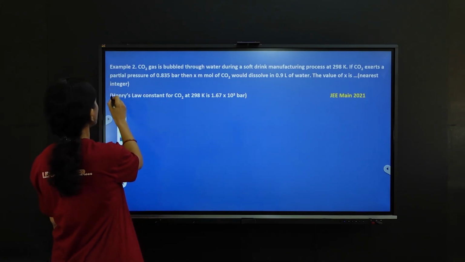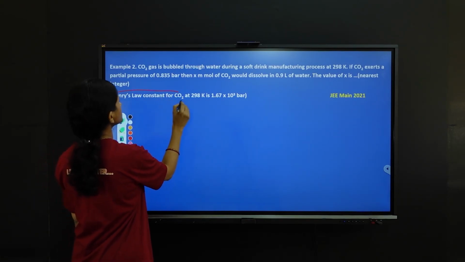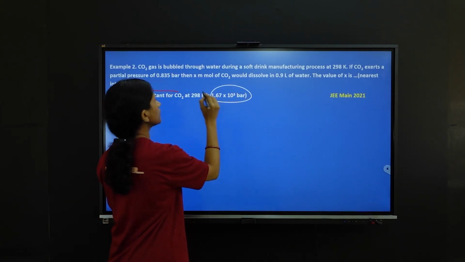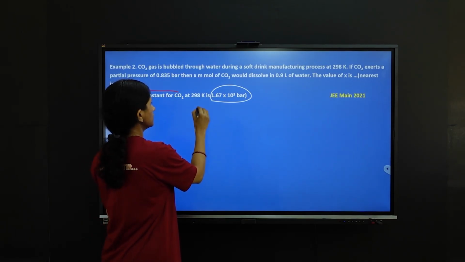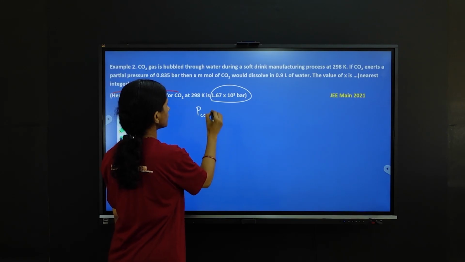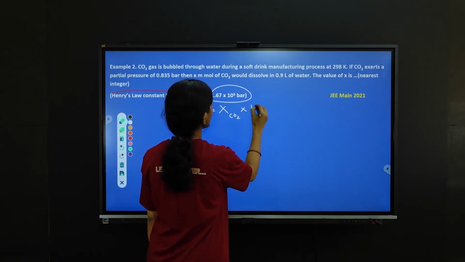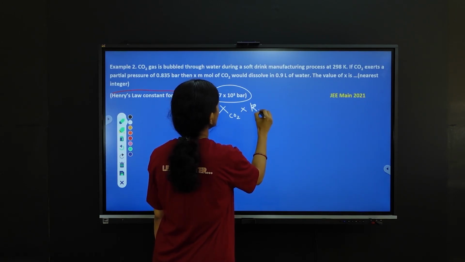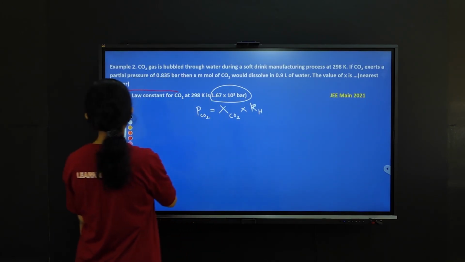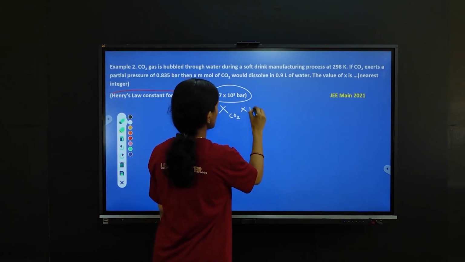So Henry's constant is given as 1.67 times 10 cube bar, right? So what we know is that the pressure of CO2 is equal to the mole fraction of CO2 times the Henry's constant, which can be expressed, maybe I can write it as KH.